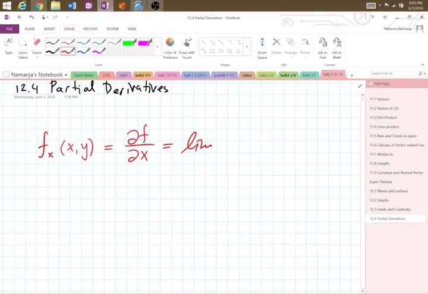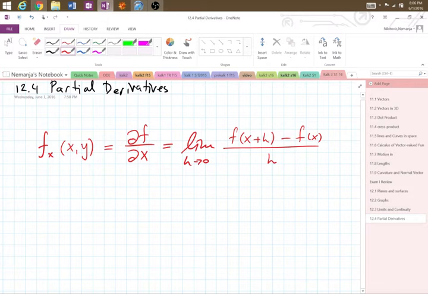It's going to be the limit of h goes to 0, if you remember your Calculus 1 at all. And then what you have? You have f of x plus h minus f of x divided by h.